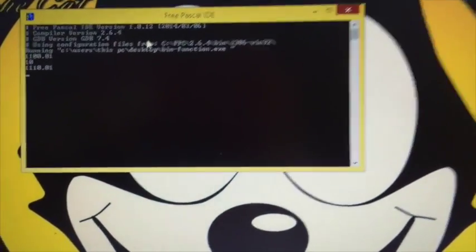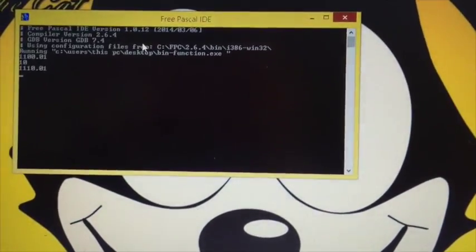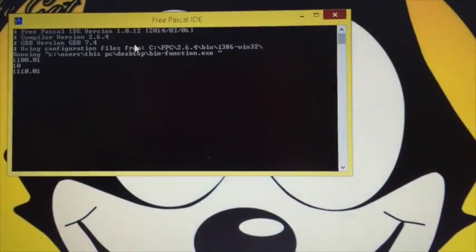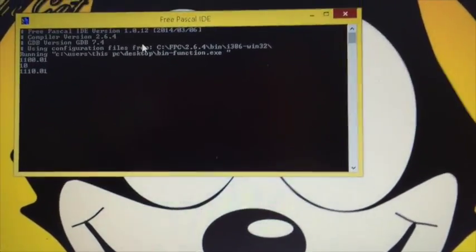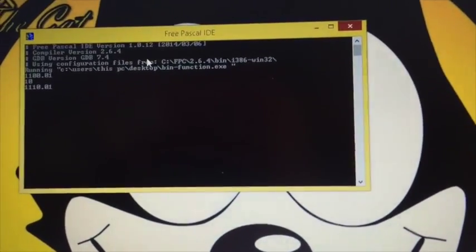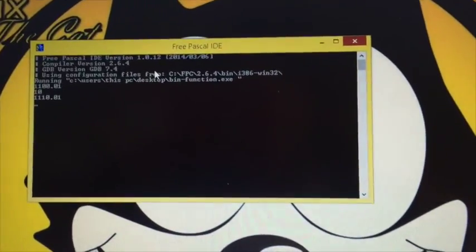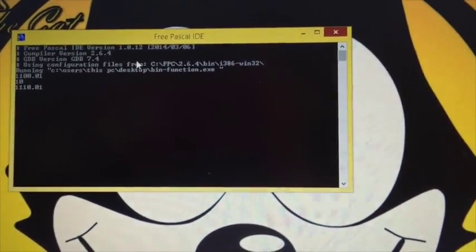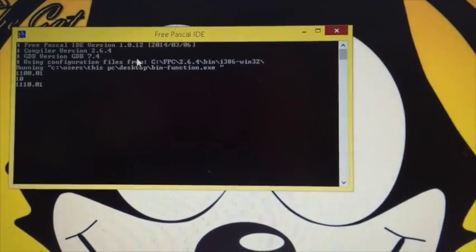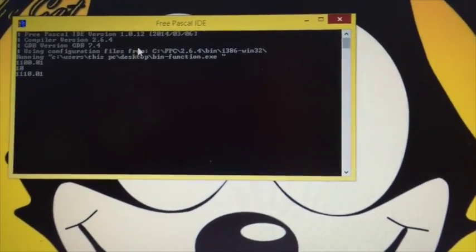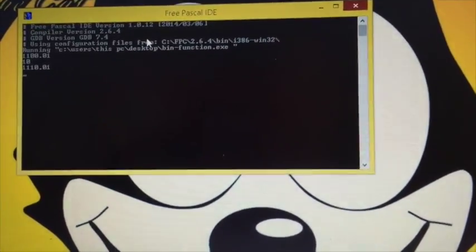Then we get 1110.01. As we know that 0.01 is 0.25 in our decimal number system, and 1110 we can calculate as 8 plus 4 plus 2, which is 14. So 14.25, it is 12.25, add 2.